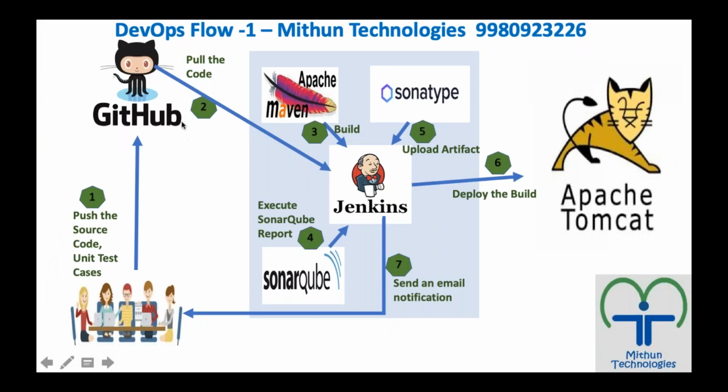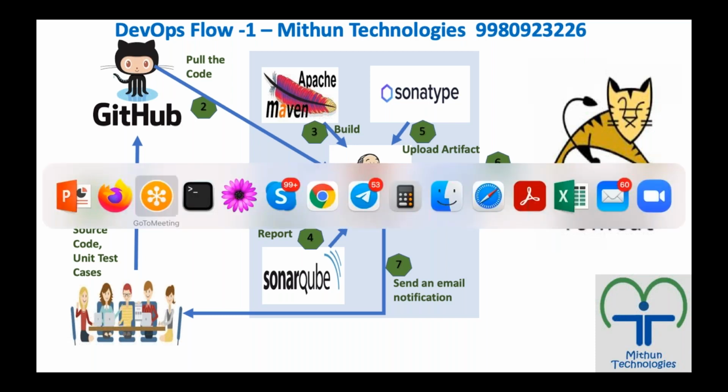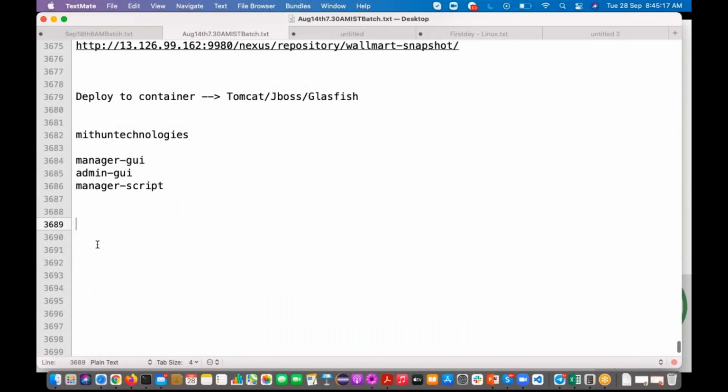As soon as the developer puts the code, the build has to be triggered automatically, so that we can make it end-to-end automation without any DevOps engineer manual intervention. Automatically the build will trigger. For that, we are going to use any one of the below options to automate the build trigger.